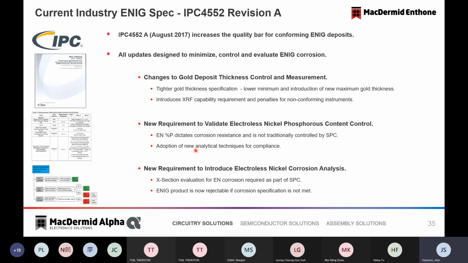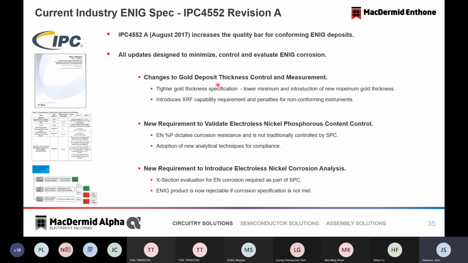Now, I do want to spend a little bit of time talking about corrosion. Some of you are surely exposed to IPC. There are committees formed in the industry today studying and working on specifications linked to corrosion. The IPC has a committee called 4552. They're working on this subject.